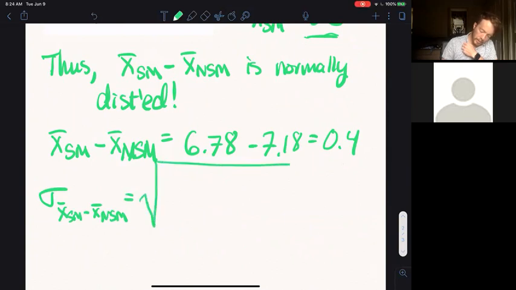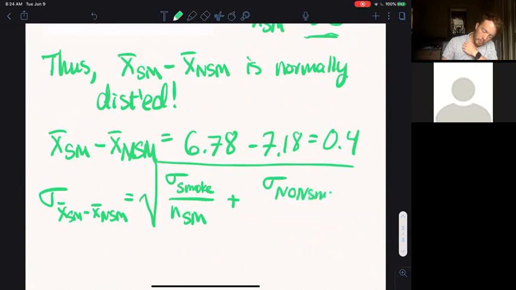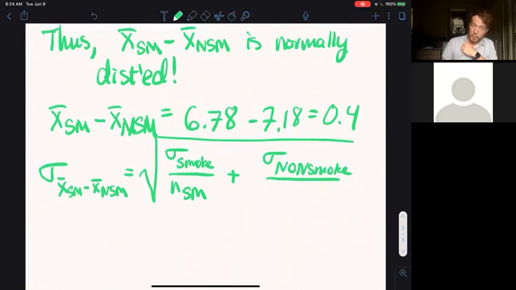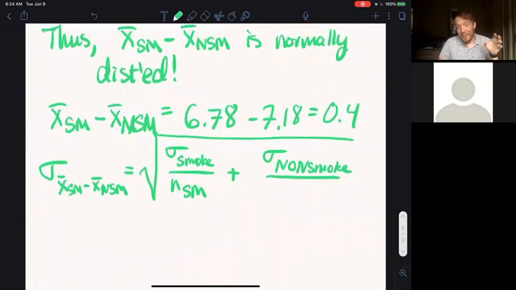It's the standard deviation of all mothers who smoke, over the number of people that we sampled from the smoking group, plus the population standard deviation of infant weights from mothers who don't smoke, over the number of people we took from that population.